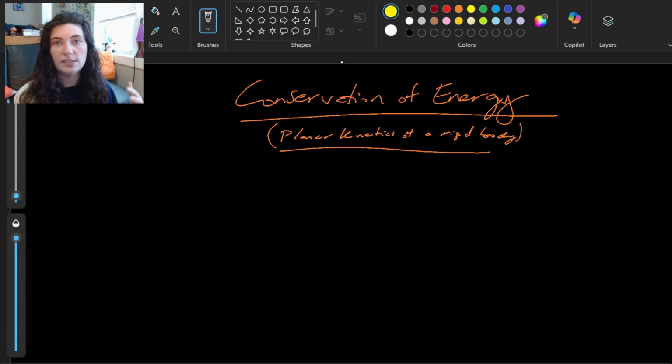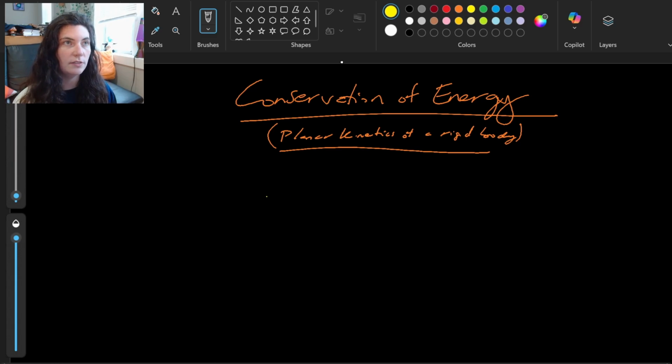And so just as that was true, it's also true that we can apply our conservation of energy for rigid bodies as well. So when we have these rigid bodies that are undergoing planar kinetics, right? So that's your translation, that's your rotation about a fixed axis, that's your general plane motion. When a rigid body is going through those motions, we can use our conservation of energy.